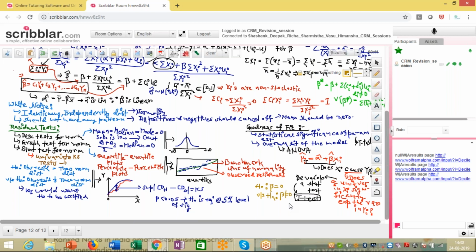Now just to refresh once again: this beta equal to 0 talks about the observed causality, but not a statistically significant causality.